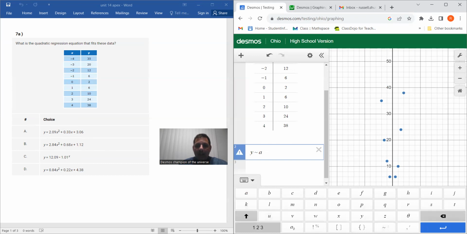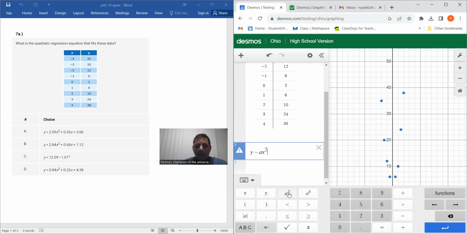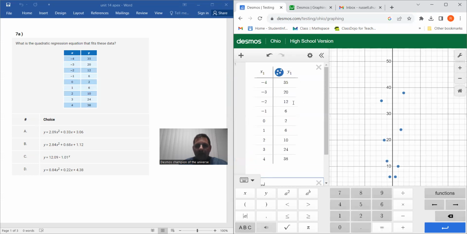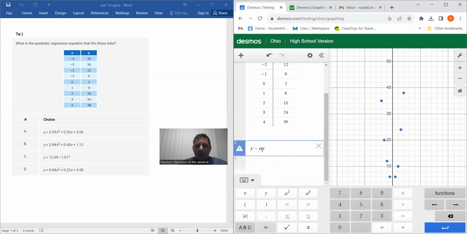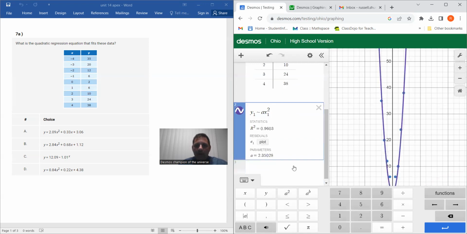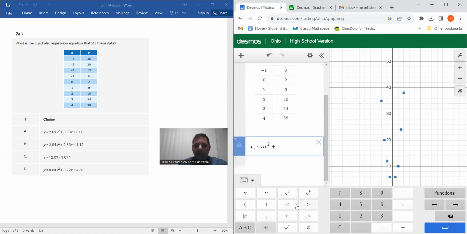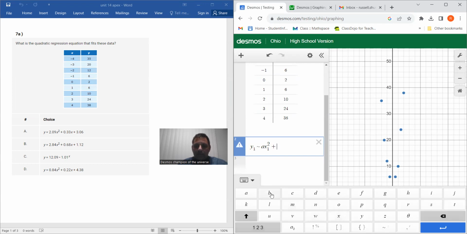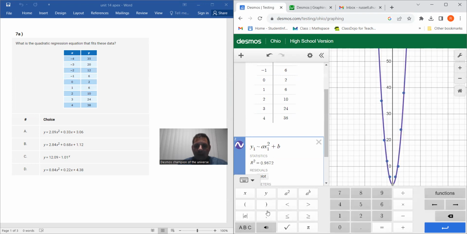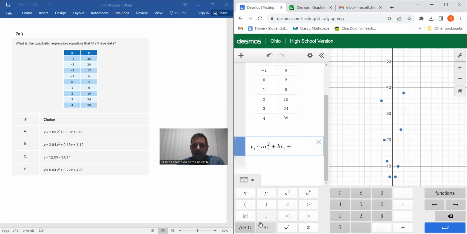Approximately a x squared, I'm sorry, not x squared, x1 squared. So I need to put my ones back in here, y1 and x1 squared plus b x1 plus c.